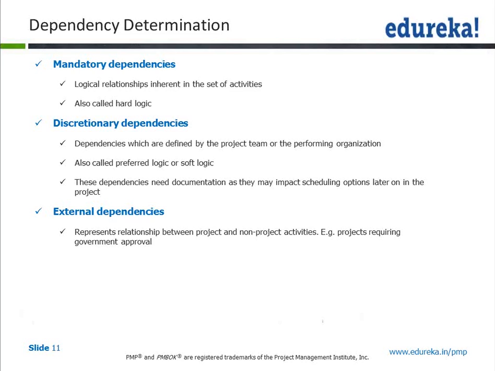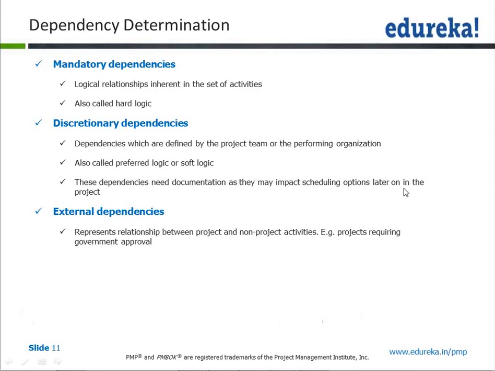It has to happen in that sequence. There are some external dependencies, which represent the relationship between project and non-project activities. Like in a construction, you have to get your approval from the municipality on your building plan before you can start your construction work.